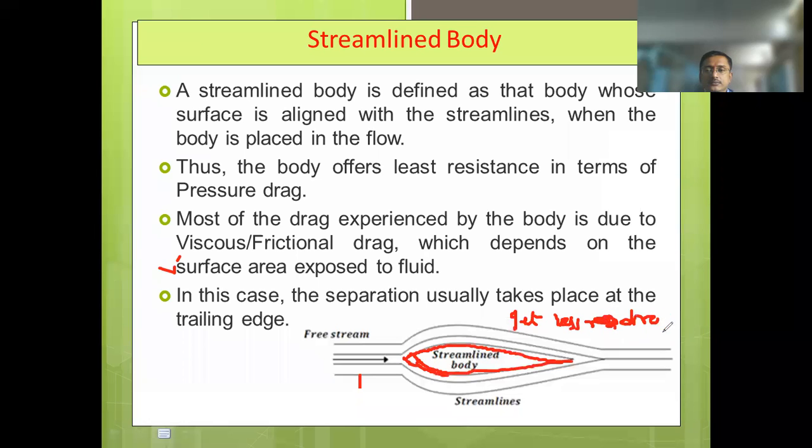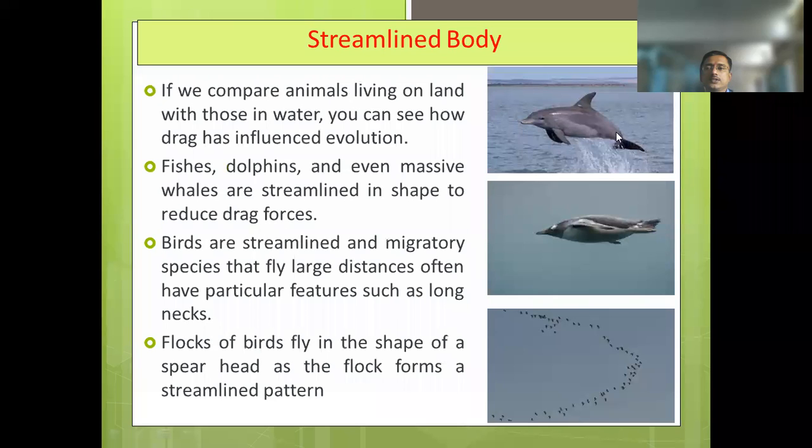If we shape the body like this, then it will experience the least drag. So that body is called a streamlined body. Can anyone give an example of this streamlined body? Here in the diagram you can see, if you compare the animals living on the land with those in water, you can see how drag has influenced the evolution.